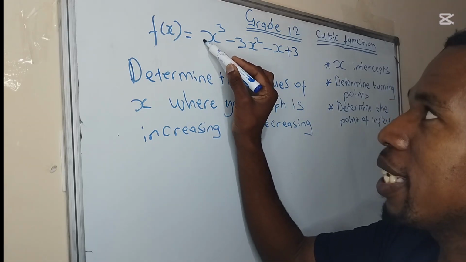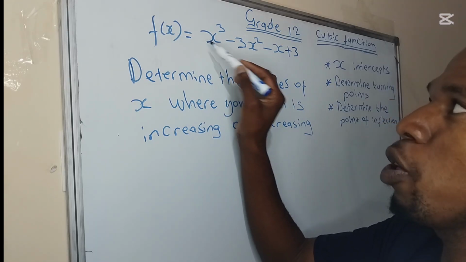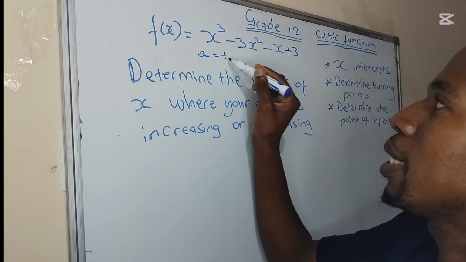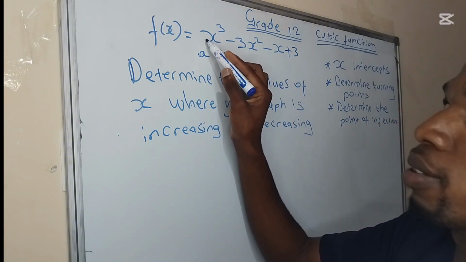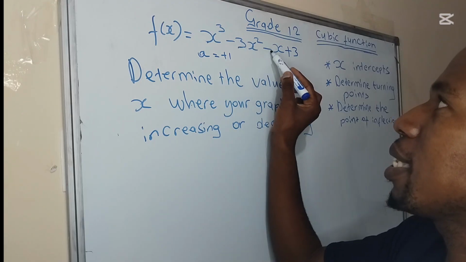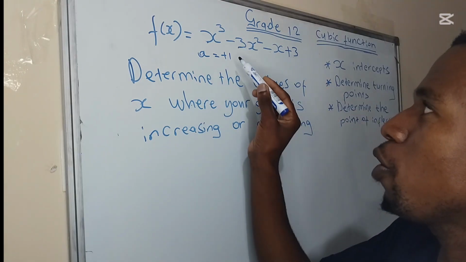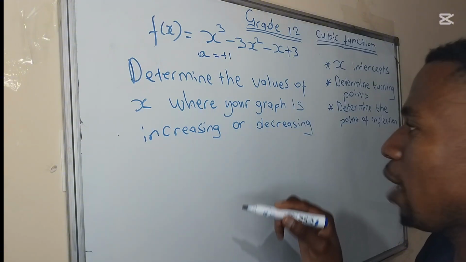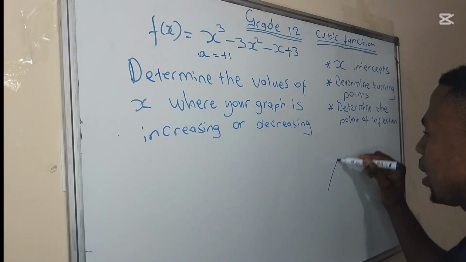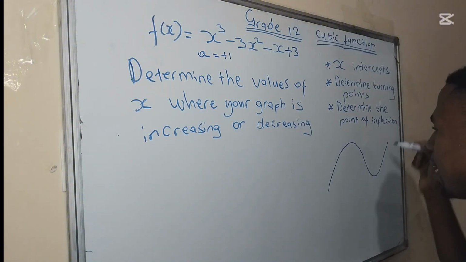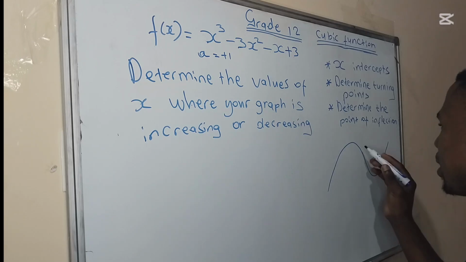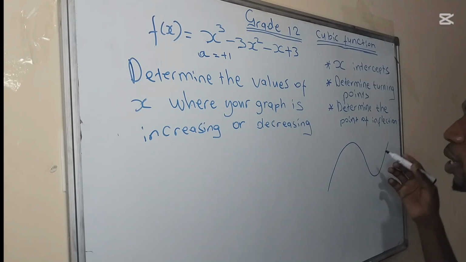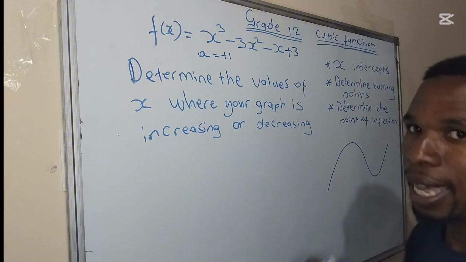If the value of a is positive, like for instance here, the value of a is equal to positive 1, remember we have a, b, c, and d, then we have an increasing function, which means our graph is going to start by increasing before it decreases. It's increasing here, but here it is decreasing. Then from this point to this point, it's increasing.